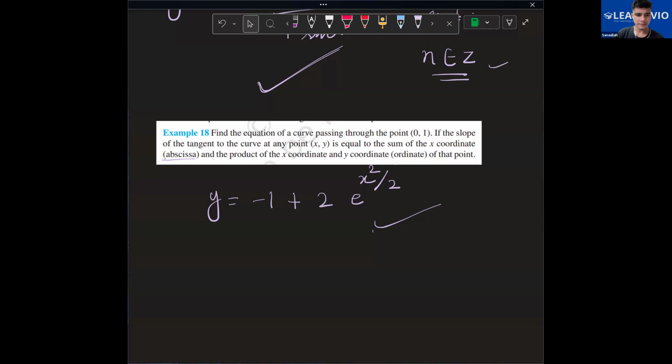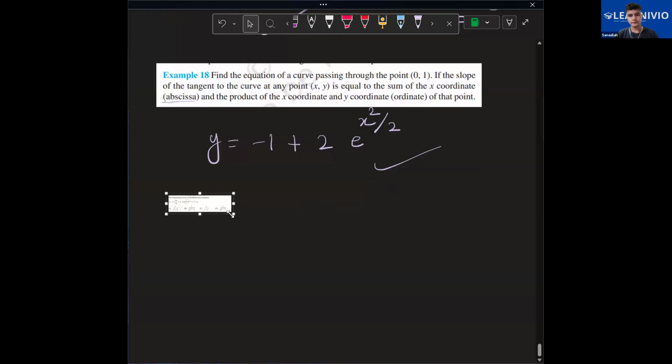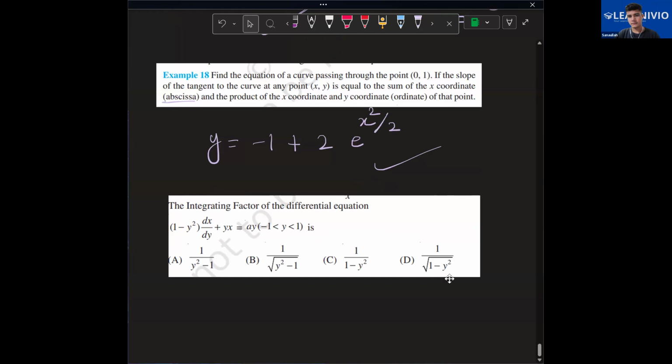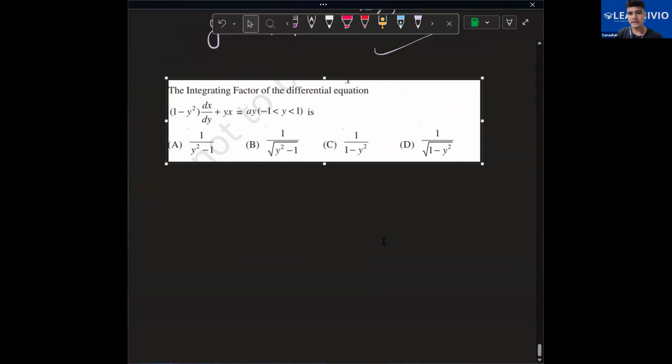Integrating factor, that is okay. Okay, before starting the quiz, tell me what's the answer for this one. The integrating factor of a differential equation.